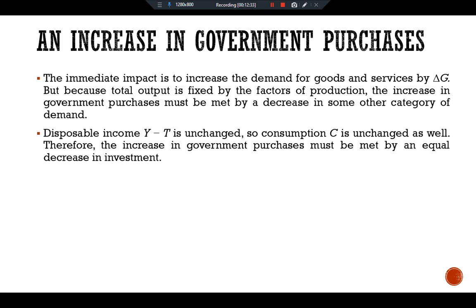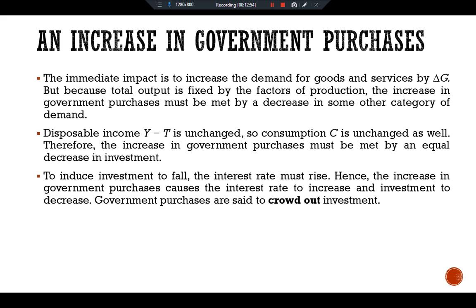Disposable income Y − T is unchanged, so consumption C is unchanged as well. Therefore, the increase in government purchases must be met by an equal decrease in investment. To induce investment to fall, the interest rate must rise. Hence, the increase in government purchases causes the interest rate to increase and investment to decrease. Government purchases are said to crowd out investment.